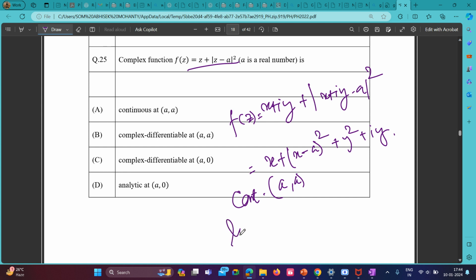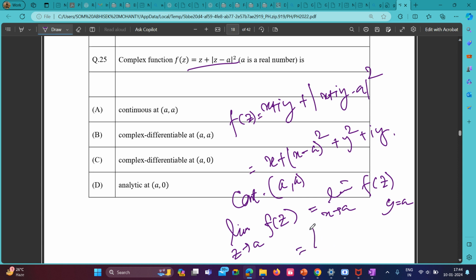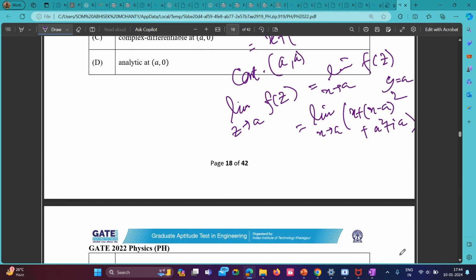So what will I do? Limit z tends to a of f of z is equal to limit x tends to a of f of z with y equal to a. If you put it, it's equal to limit x tends to a of x plus x minus a whole square plus a square plus ia. So this will become a plus a square plus ia.